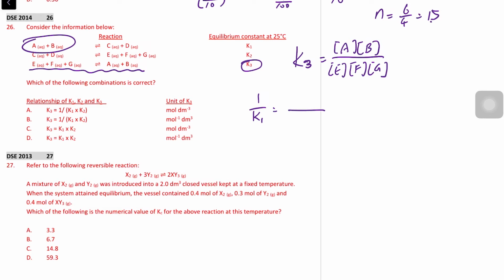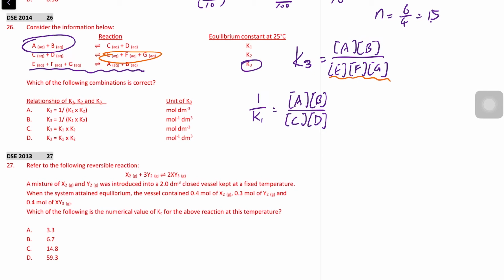It should be A, B, over C, D. If we study K3, E, F, G are in the denominator, but in K2, E, F, G should be in the denominator.